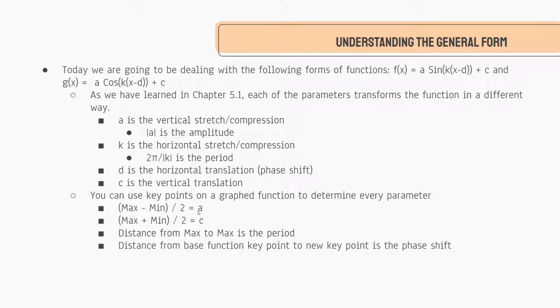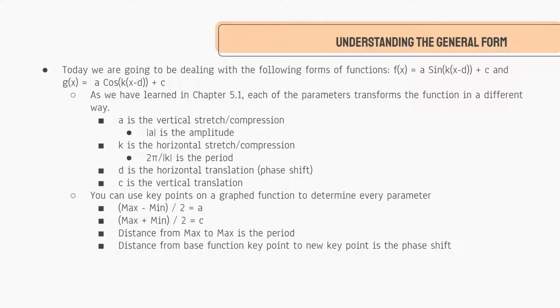Then we have our D and C values, which always mean the same thing. D is the horizontal translation, which for sinusoidal functions is the phase shift, and C is the vertical translation, so up or down. Also for K, it's important to know that the period of the function will be defined as 2 pi divided by the absolute value of K.